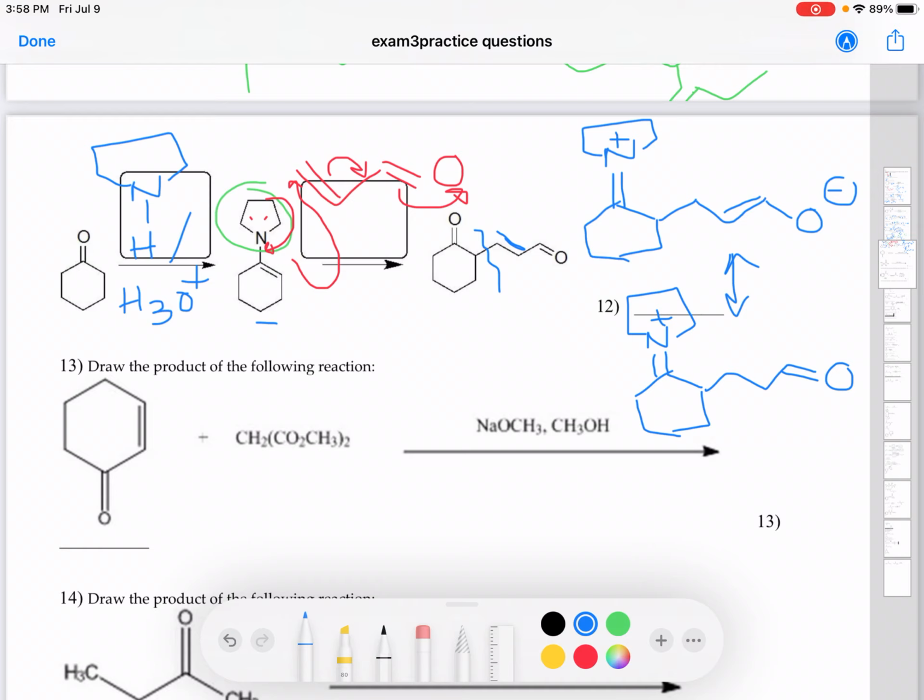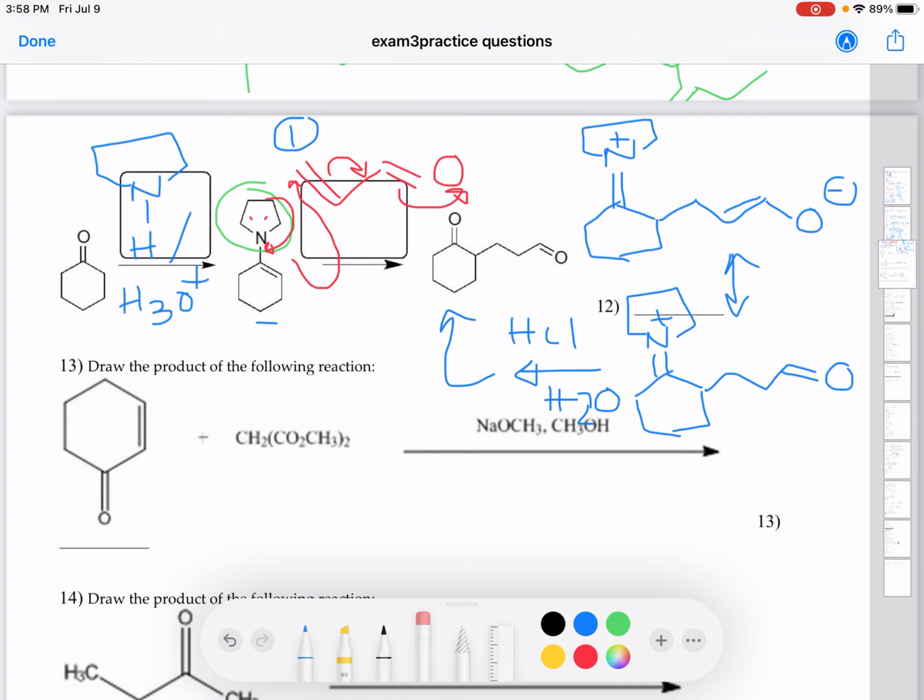Okay, and once this is being formed, and in the last step when you add HCl and water, so this is step 1, you get this product, and in the second step when you add acid and water, you can basically hydrolyze the imine salt back to the keto form, which is the product right here that is drawn right there.